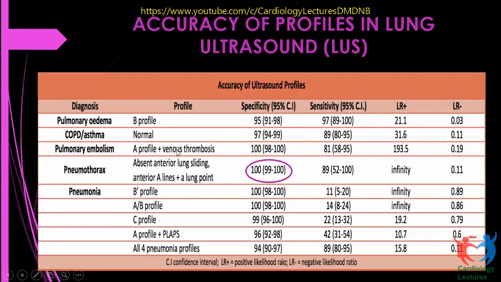For pulmonary embolism, an A profile with venous thrombosis is 100% specific. Pneumothorax, with absent anterior lung sliding and an A-prime profile, is 100% specific. Pneumonia, a B-prime profile is 100% specific but not very sensitive. An A/B profile is 100% specific. C profile, 99% specific.